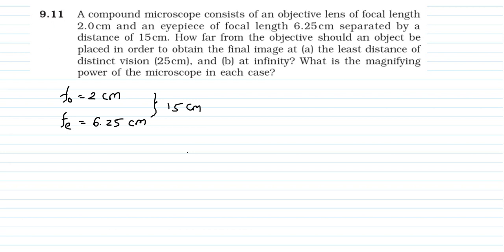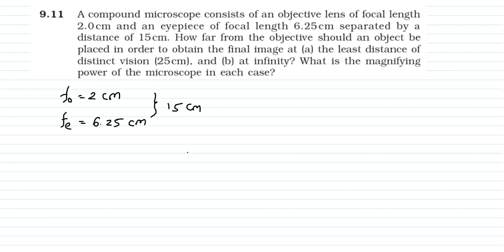How far from the objective should an object be placed in order to obtain a final image at a) the least distance of distinct vision 25 centimeter, okay, and b) at infinity, right.